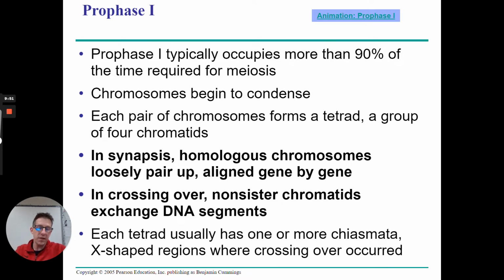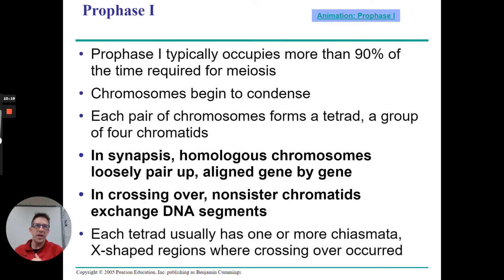It's called such because it's a group of 4 chromatids. Basically what happens is when they form these tetrads, they go through a process known as synapsis. Synapsis is when the homologous chromosomes find one another. It's kind of crazy that they could be located anywhere in the nuclear region, and they will actually find each other and match up.